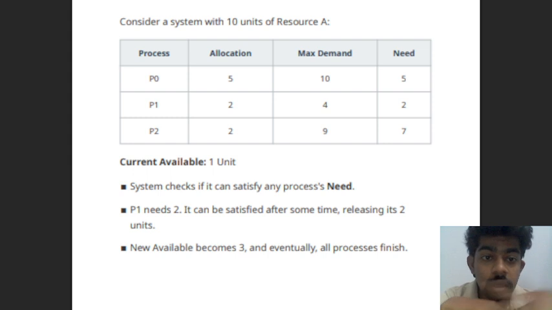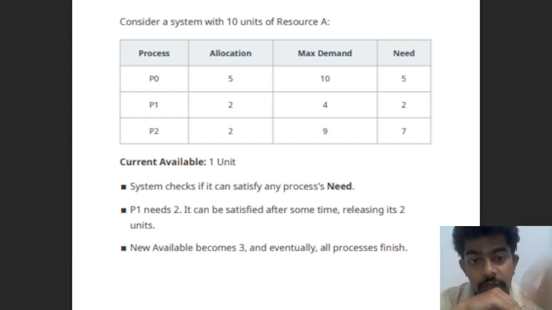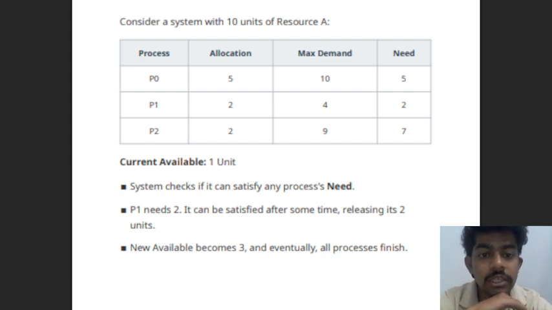Now if the available resources move to 2, then this process P1 can be satisfied after some time, and if it's satisfied, then its allocated resources, which we can see on screen, allocation is 2, will be freed and added to the total amount of available resources.